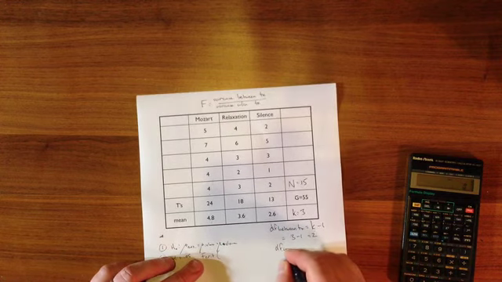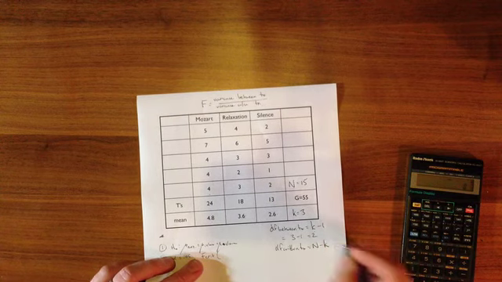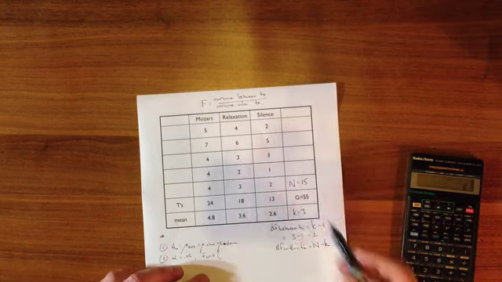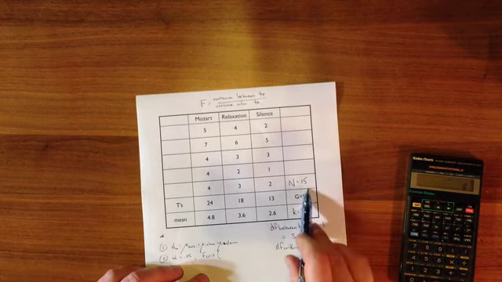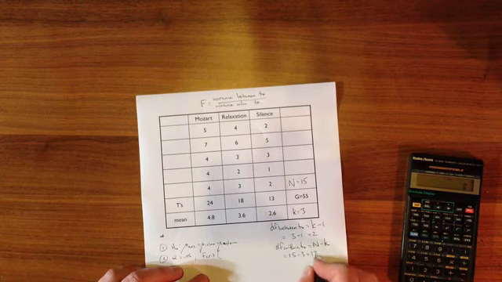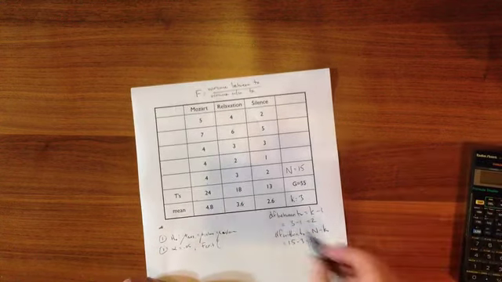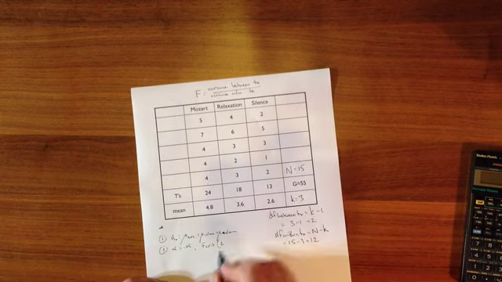So the degrees of freedom within treatments is equal to the total number of scores that you have minus the total number of groups that you have, or 15 minus 3 is equal to 12.